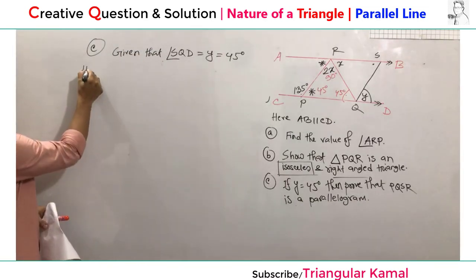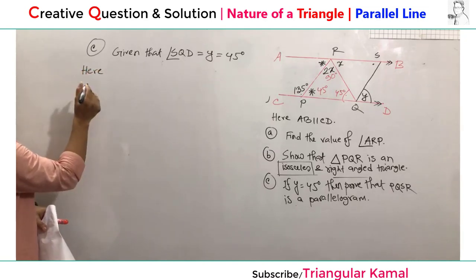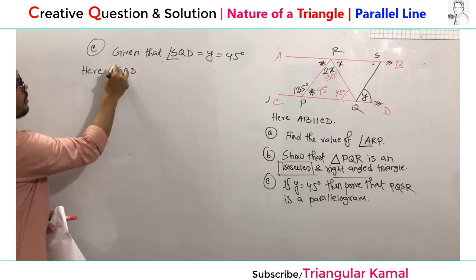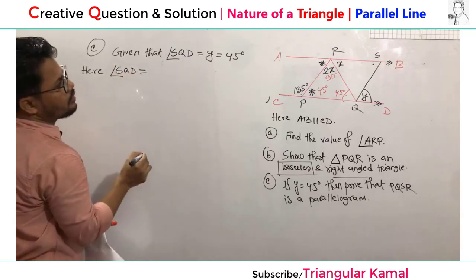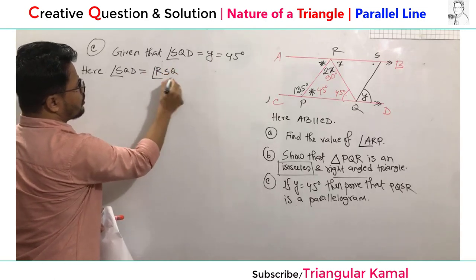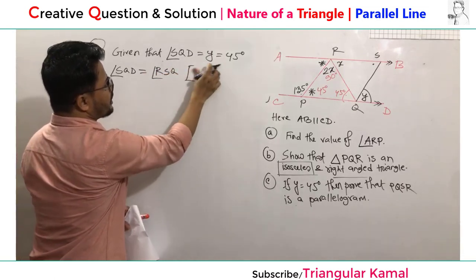So here angle SQD equals angle RSQ. This is an interior alternate angle.